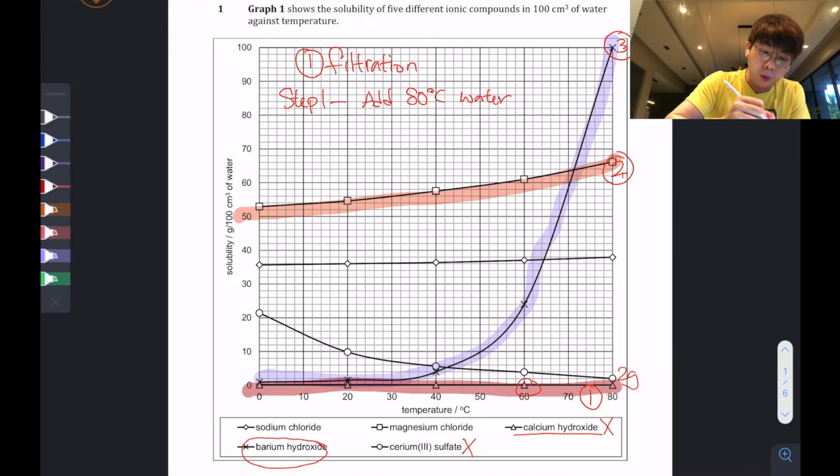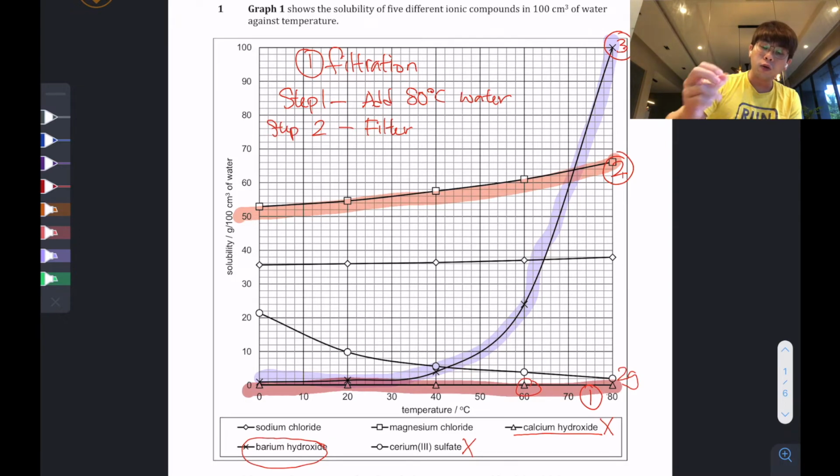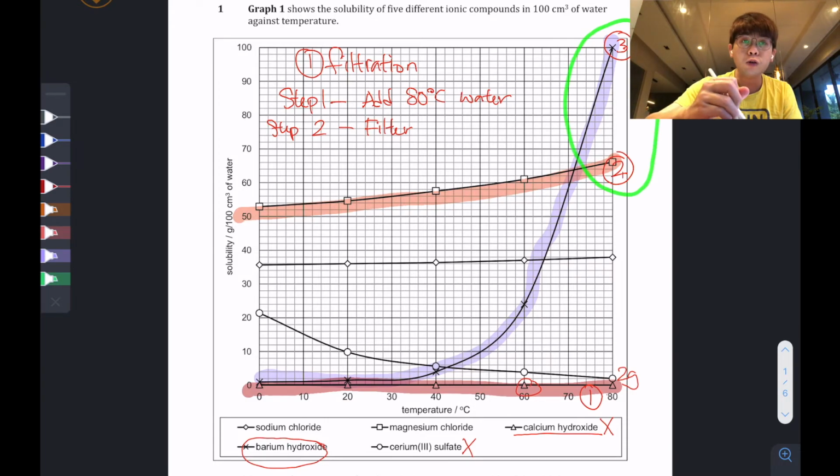Then step 2, what will I do? I will filter, and I will collect number 1 as residue and number 2 and number 3 as filtrate. Now I have number 2 and number 3 as a filtrate. How do I get them separated?